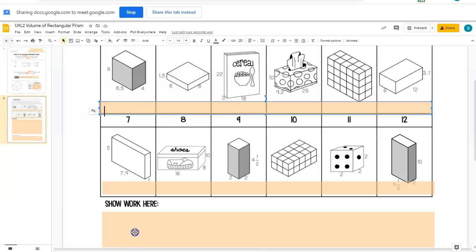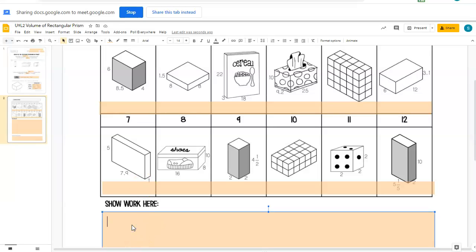So for 1, we've got our length times our width, 8.5 times 4. That is our base, times our height is 6. Alright, so we just have to do that multiplication. For number 2, well, length times width, that's 8 times 8, times our height is 1.5.